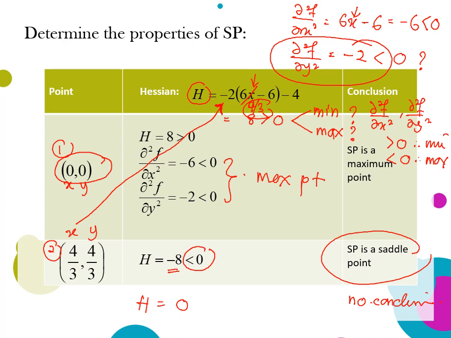I hope this example is enough for you to see how to classify the stationary points that we've got from setting del f del x equal to 0 and del f del y equal to 0 for a function.